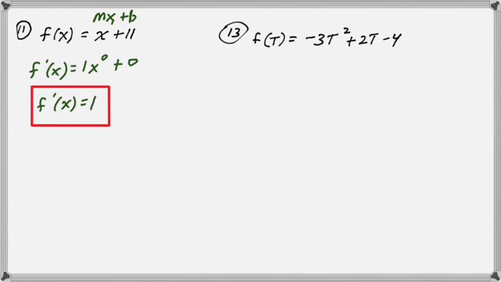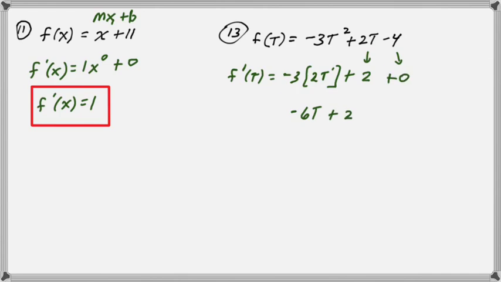Now for 13, I need to find the derivative, which will be f prime of t. Keep the negative 3 out as a constant factor. Power times base to the 1 less power, I think that's negative 6t. What's the derivative of 2x? Well, it'd be 2. And what's the derivative of a constant? 0. So hopefully this should be the derivative for number 13.